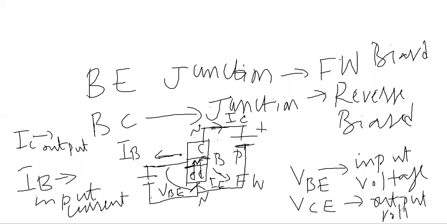These were the terminologies we discussed, and today we will discuss the three regions of a transistor: cutoff region, saturation region, and active region.